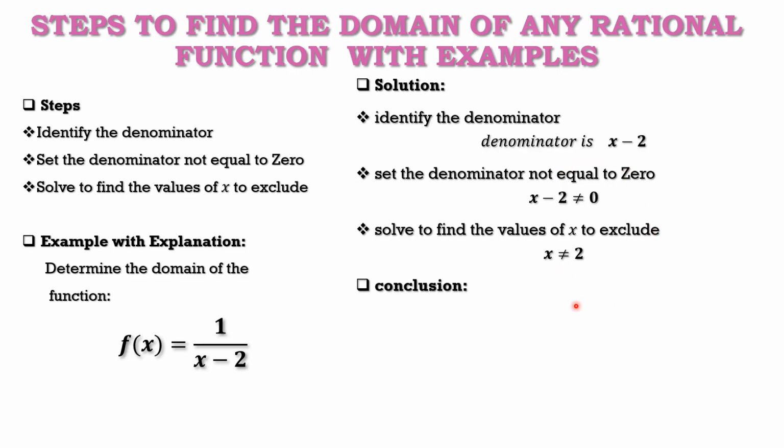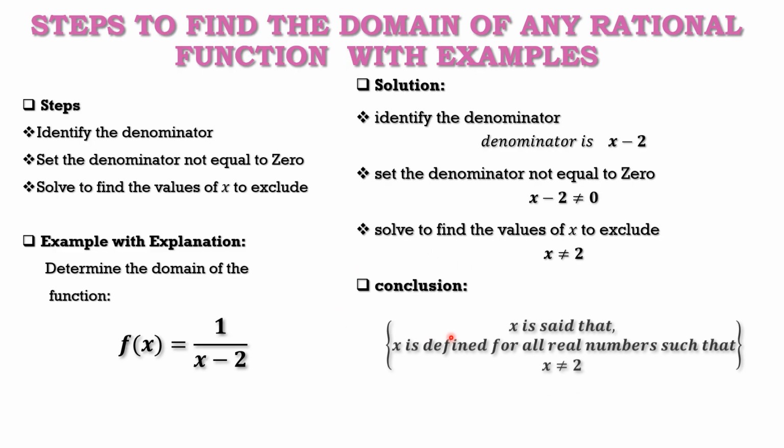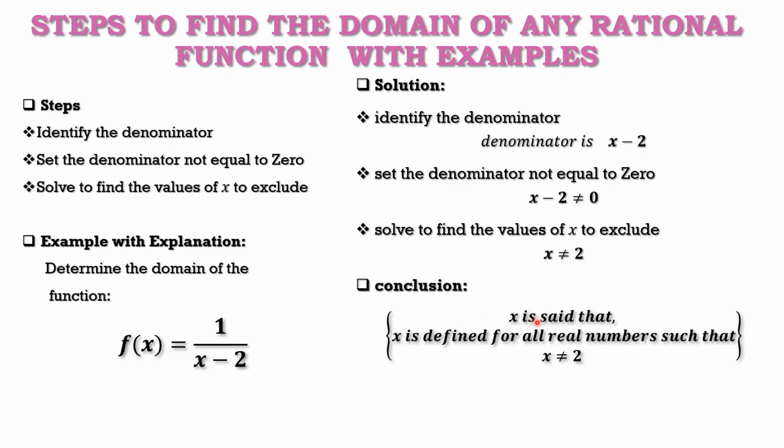So if I am going to conclude and write my set of domain, it's going to be in a word statement form like this. The input variable x, this independent variable x that we are seeing in this particular function, is defined for all real numbers such that x is not equal to 2.